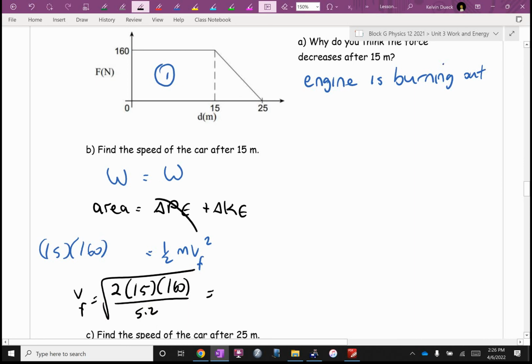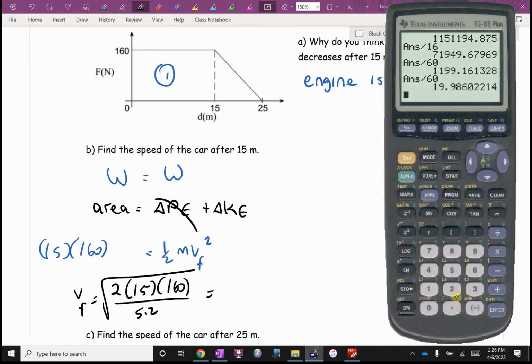We don't know time, we don't know acceleration, we don't know none of that, but we do know how much energy was transferred. We can figure out the final speed. And I get 30.4.